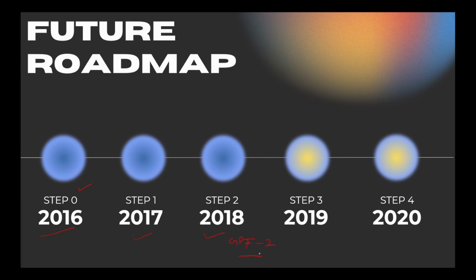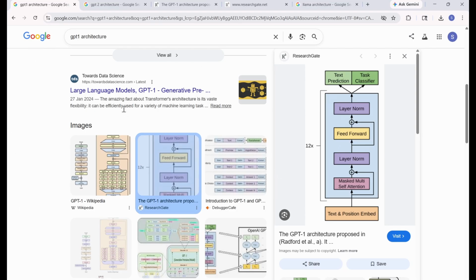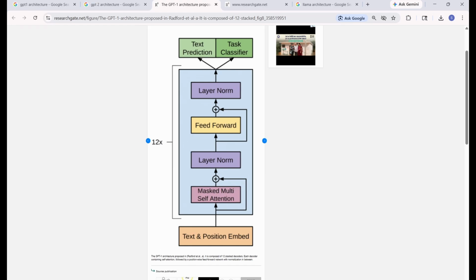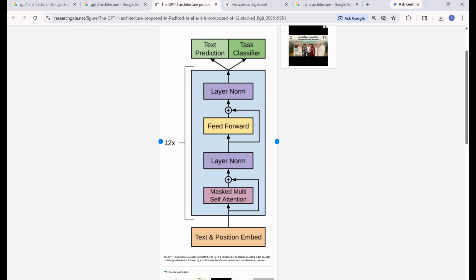Now we are in 2018, and GPT-2 came this year. Let me show you the GPT-1 architecture and the GPT-2 architecture, and what changed. Here you can see the GPT-1 architecture, which uses post layer normalization, after the sublayer, after the multi-head attention output and residual.